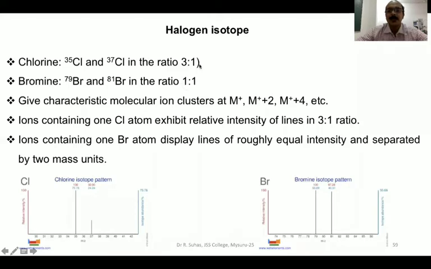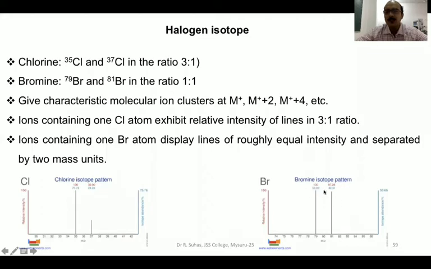That means if there is a chlorine in the compound, then you will see two peaks appearing, and the two peaks will be of 3:1 ratio intensity, and this is the chlorine isotope pattern. Here you can see that one is of 75%, another one is of 24%. One is due to Cl35 and another one is due to Cl37. The same is the case with bromine.